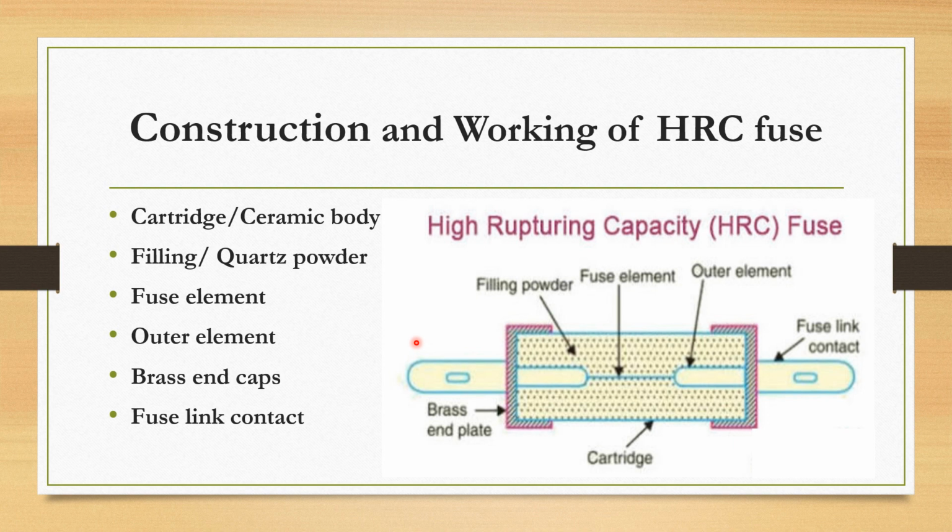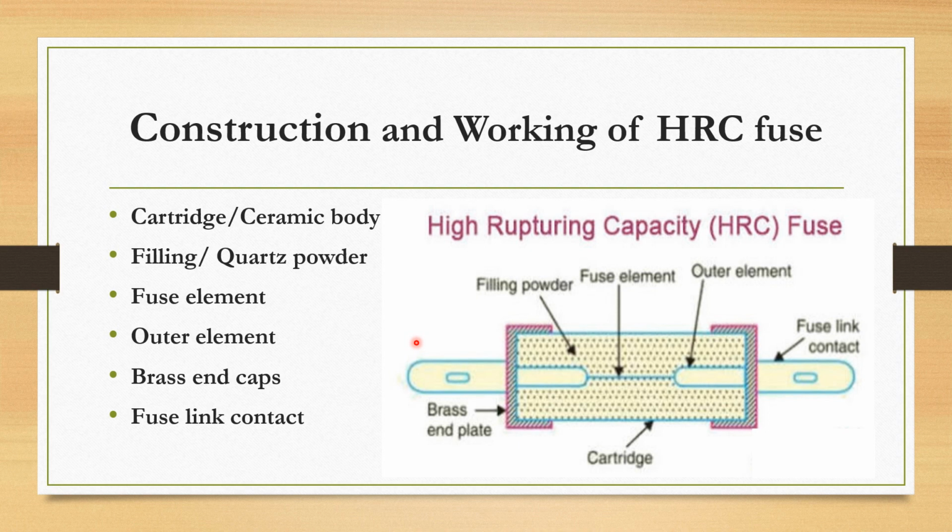So basically this HRC fuse consists of a high resisting ceramic body. The outer cover is usually steatite or a ceramic material having good mechanical strength. So what is expected while selecting material for the cartridge?